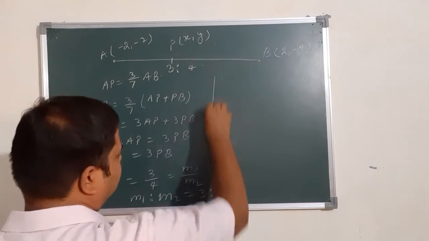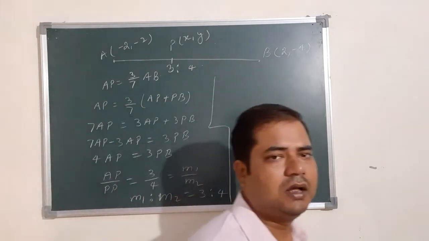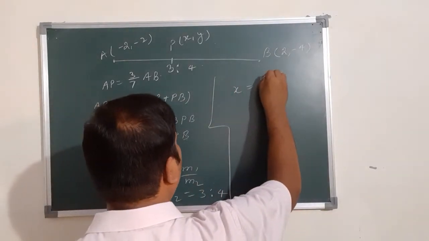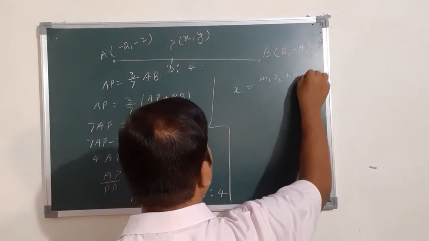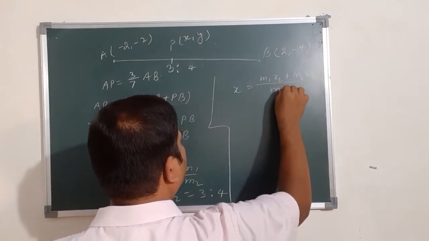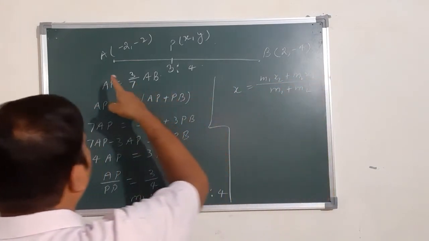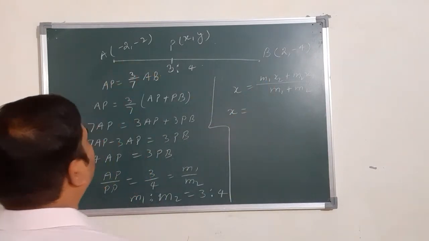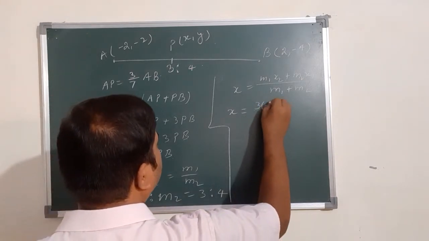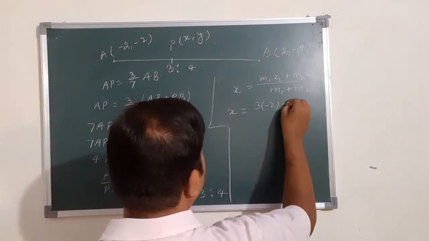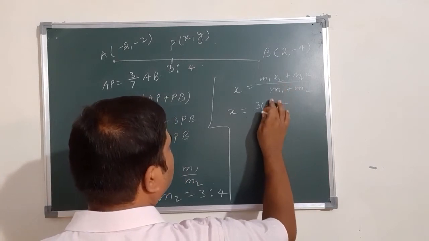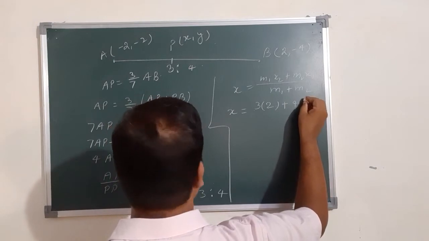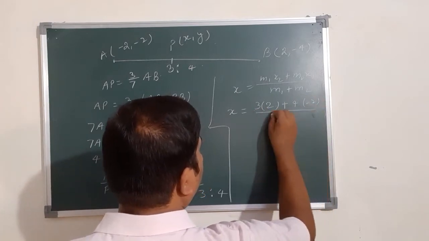Now everything is given, so we just use the formula x = (m1 x2 + m2 x1)/(m1 + m2). Here m1 is 3, x2 is 2, plus 4 into x1, which is -2, divided by 3 + 4.